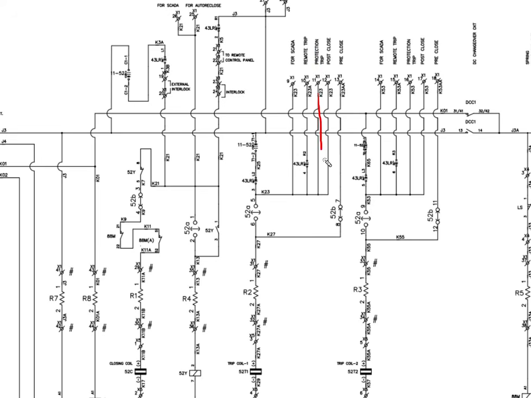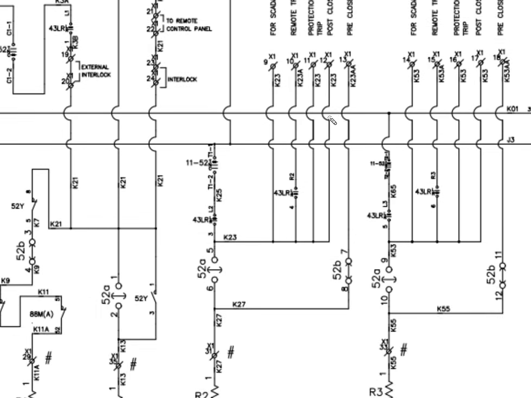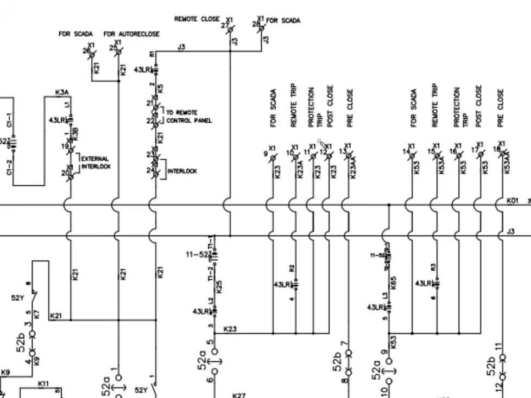This TB is for the protection trip K23. So this is the TB number that we are looking for. We'll connect the cable coming from the trip circuit 1 from the relay panel to this TB in the breaker, the protection trip. So the TB number is X1-11 for K23.